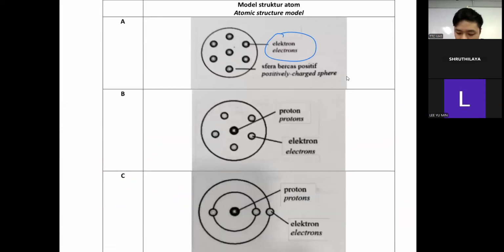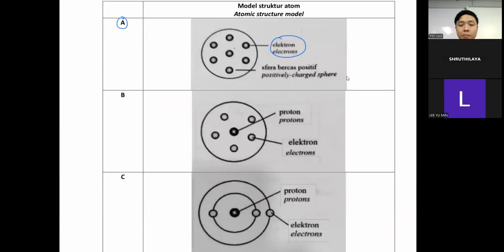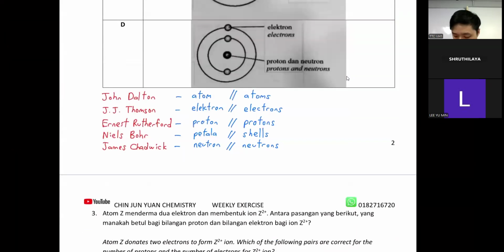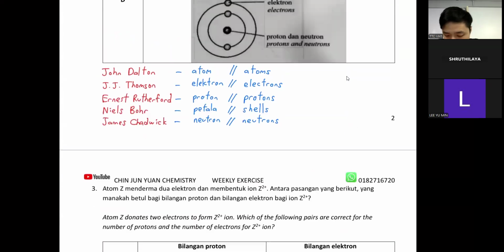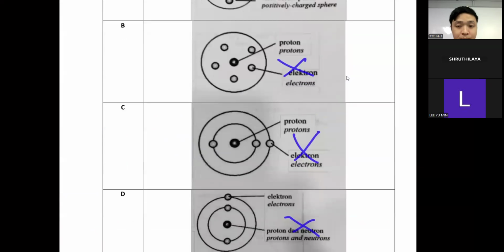The best answer is A, because after electron, there is only proton. Electron comes before proton. So the other options are wrong.